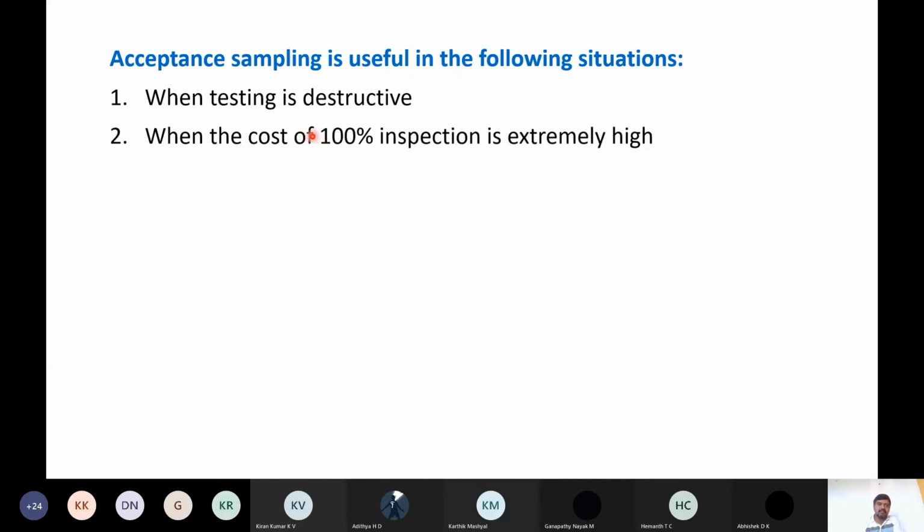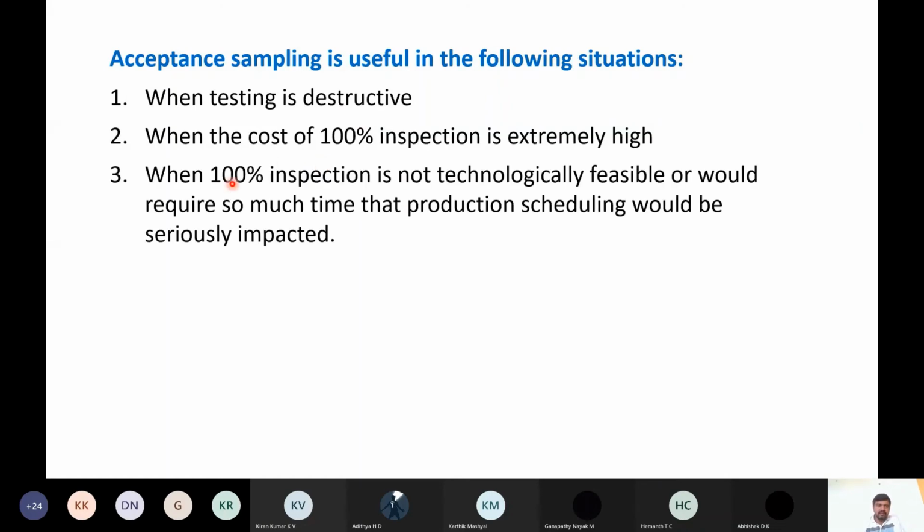Next, when the cost of 100% inspection is extremely high, then in that case also we go for acceptance sampling. Then, when 100% inspection is not technologically feasible or would require so much time that production scheduling would be seriously impacted. There are a few quality characteristics which we can measure using sensors, and we can implement automation technologies for inspection of a few quality characteristics of products. In such cases, we can go for 100% inspection because it is done automatically. It is suitable for mass production.